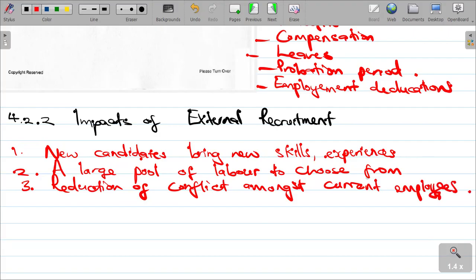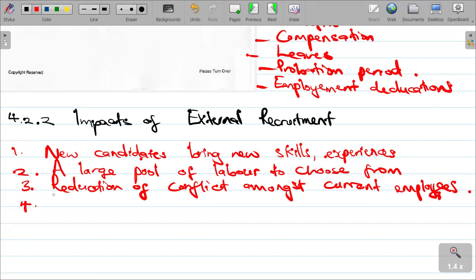Number 4, we can find that the organization will be able to acquire a candidate who is suitable for the job, who has the right skills, the right qualifications and competency, who does not need to be trained.